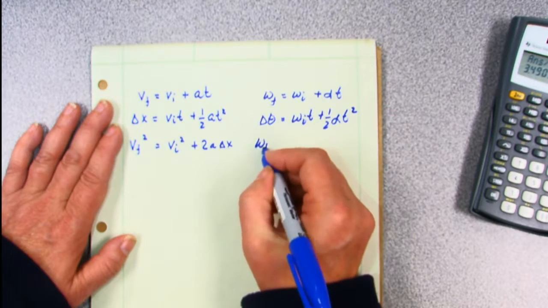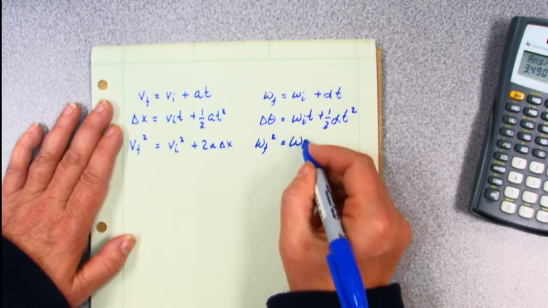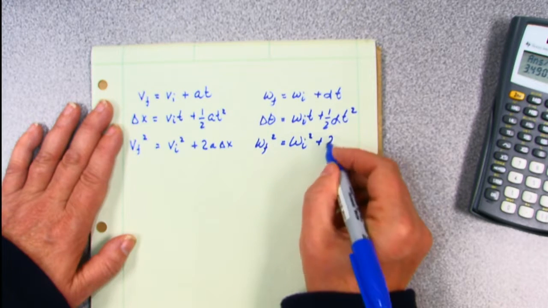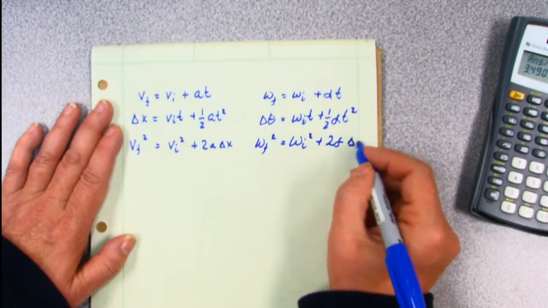And omega final squared is equal to omega initial squared plus 2 alpha change in angle.